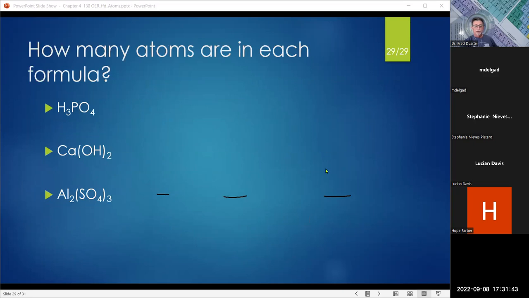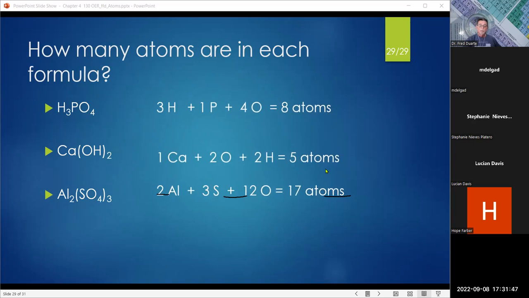So for example, we've got H3PO4: 3 hydrogens, 1 phosphorus, 4 oxygens. Ca(OH)2: 1 calcium, 2 oxygens, 2 hydrogens, a total of 5 atoms.